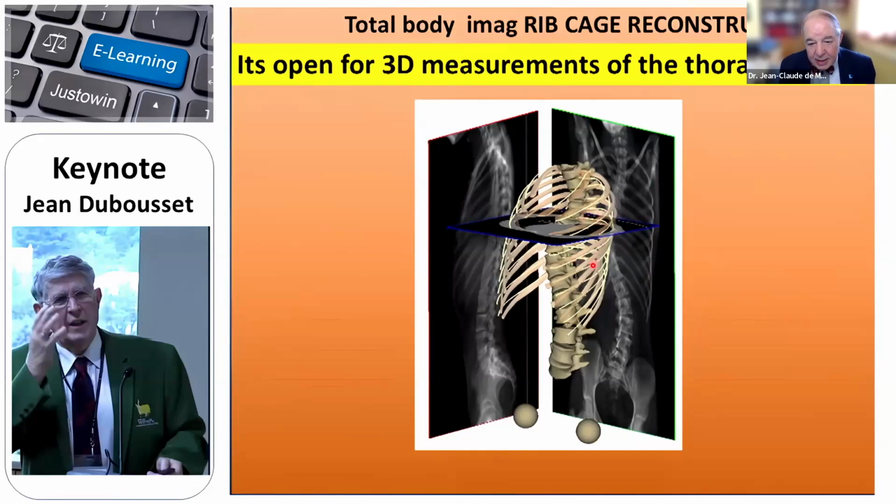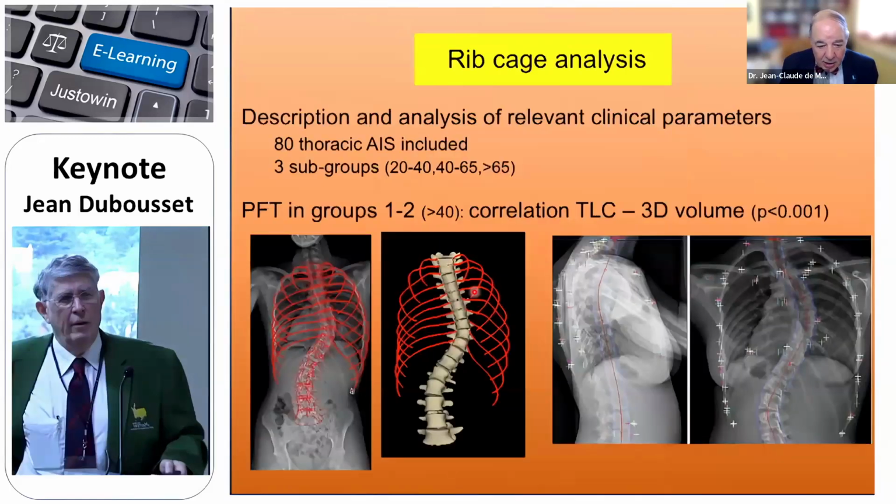So we can modify the positioning of the vertebral body through an action on the ribs. And it's possible to represent the ribs, and I use this with contour of the ribs, concavity and convexity, to brace, because it's not exactly the same. With the same deviation, you can have a perfectly symmetric rib cage and asymmetric rib cage.